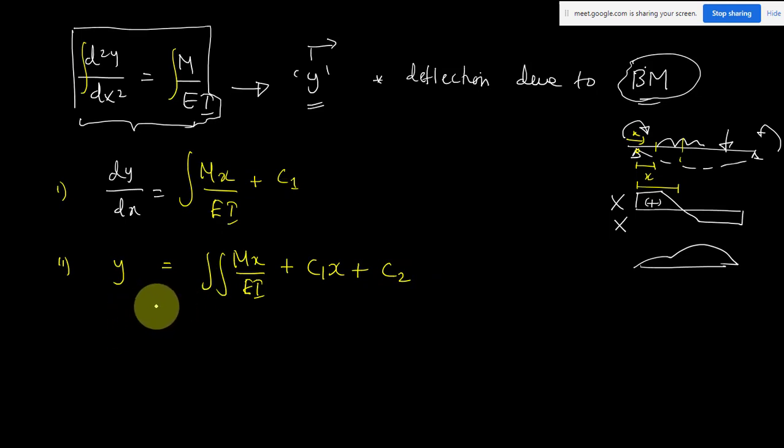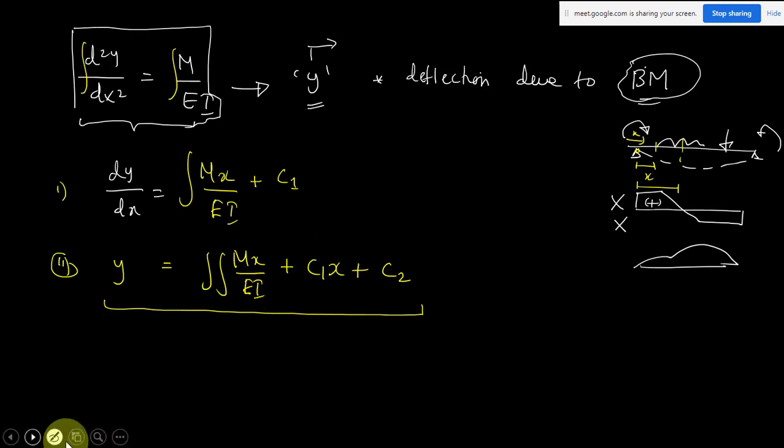So now we got the equation for the deflection in terms of x. The only thing is we have two constants, and I don't know the values of C1 and C2. There are two constants of integration in this case.